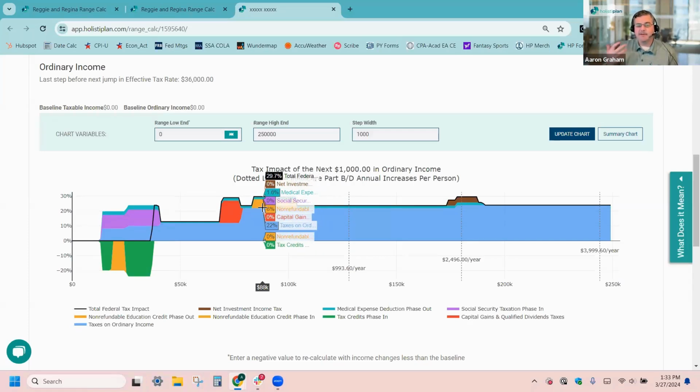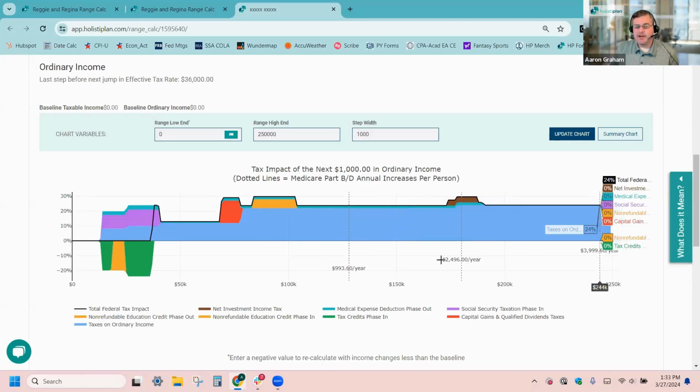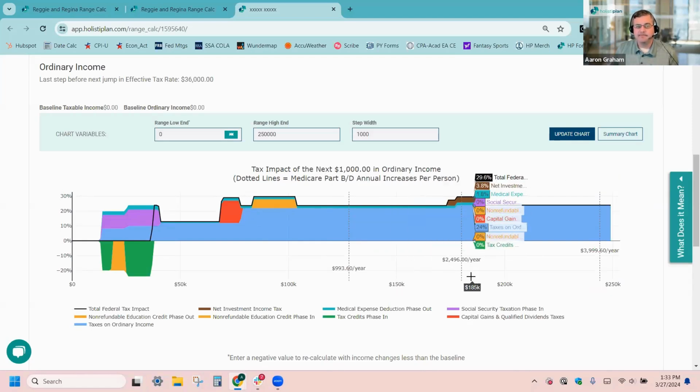But the net effective rate on losing out on that non-refundable education tax credit is 6%. So eventually that becomes phased out entirely, and now we're looking at a more simple two colors again: the medical expense deduction phase out and the ordinary income tax. And again, you have the Medicare premium thresholds here as we covered previously.